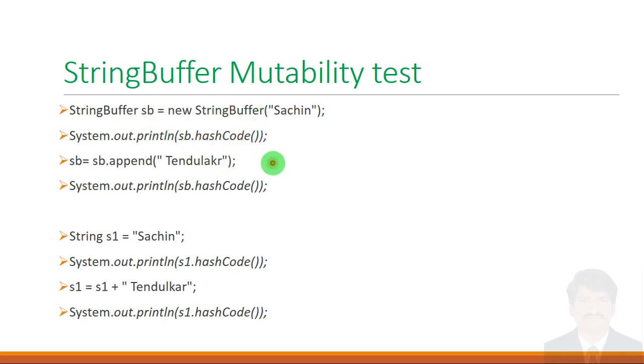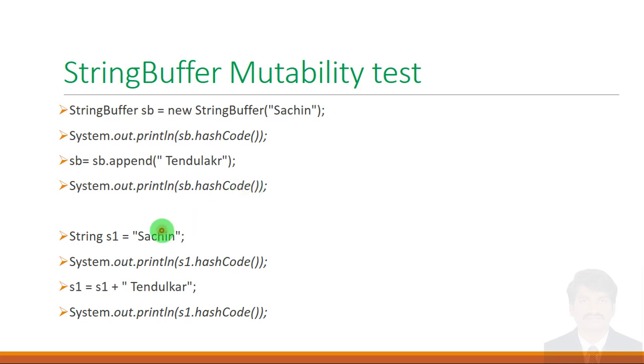Let me repeat once again, guys. I'm creating a string buffer. I'm trying to add Tendulkar to Sachin. Since string buffer is mutable, Tendulkar will be added to Sachin, that means the existing object. It will not change the address of the object. So here and here it will print the same address.